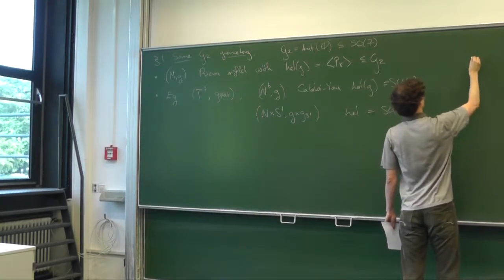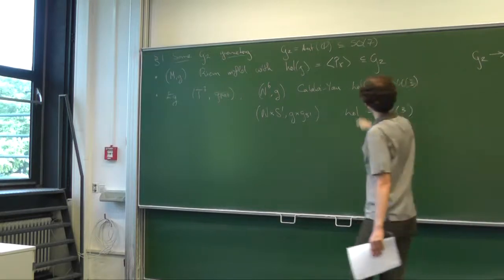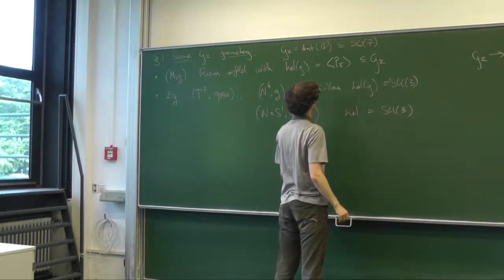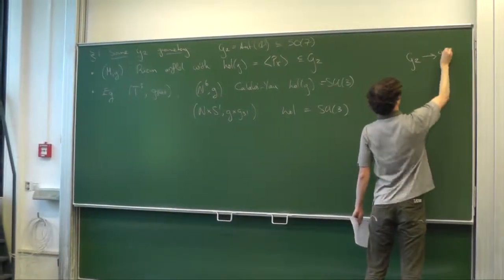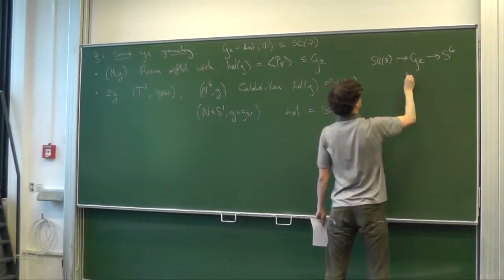Actually, it's nice once again, G2 acts transitively on the 6-sphere, so in fact smooth fiber model.